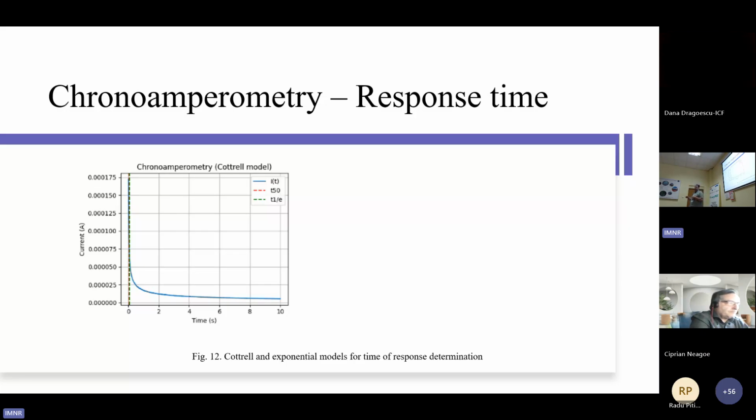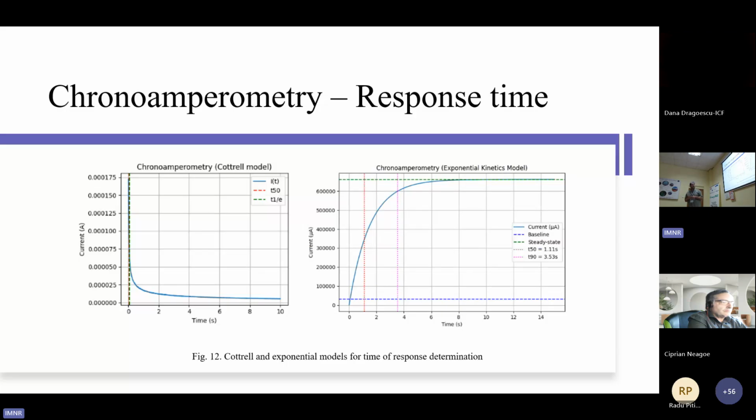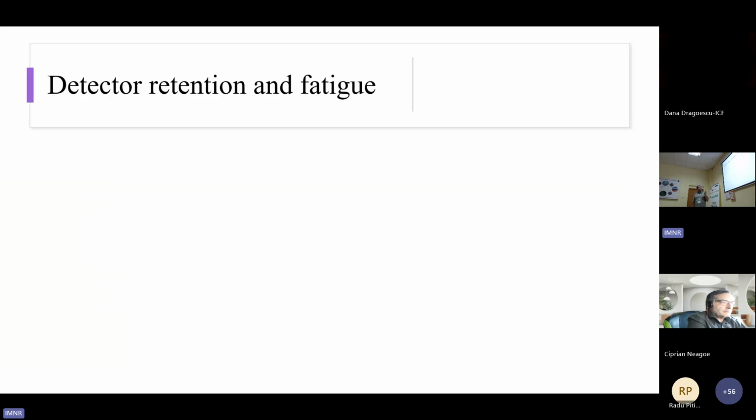The current should increase in time as glucose approaches the surface of the electrode, which was true in an exponential kinetics model, which gave us a response time of 3.5 seconds. Compared to literature data for various nickel oxide-based electrodes, this is a very good value, as most of them have around 2 to 5 seconds response time.